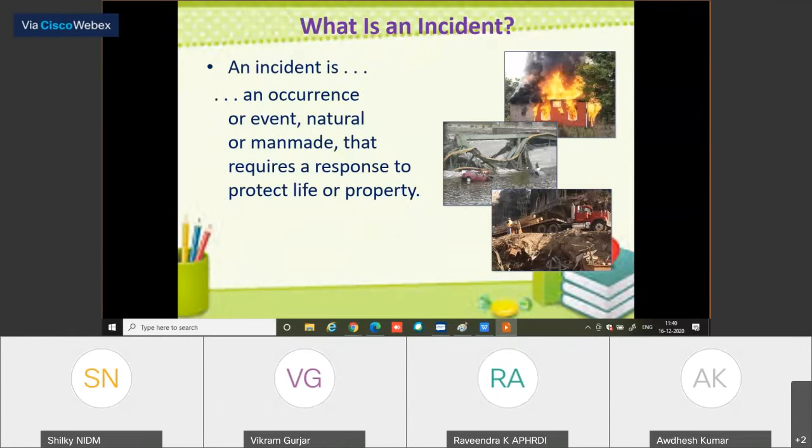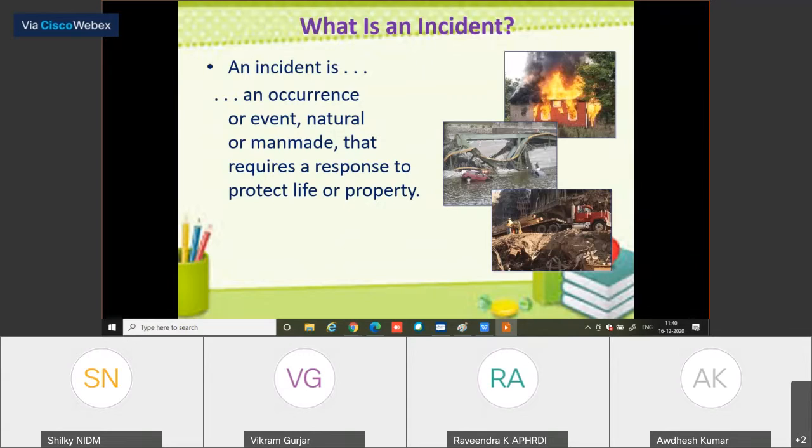So IRS is a mechanism which reduces the ad hocism in response. And how does it reduce the ad hocism? By a well-conceived team, because we have a well-conceived system to operate, to react, and to act.